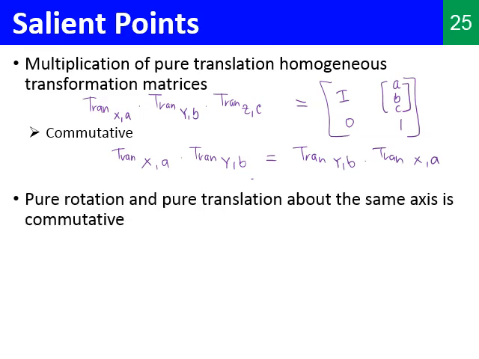The next point is, if we have a pure rotation and pure translation about the same axis, then that's going to be commutative as well. So let me take an example. Let's say we rotate about x-axis theta amount, and it is followed by a translation in the x direction A amount.